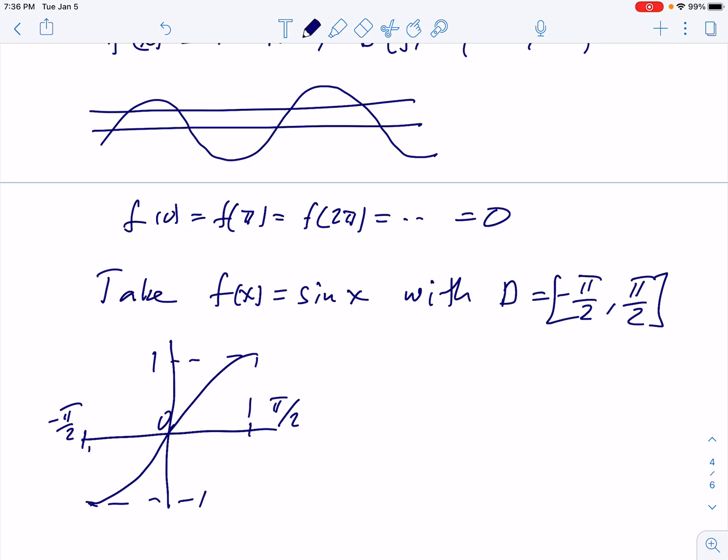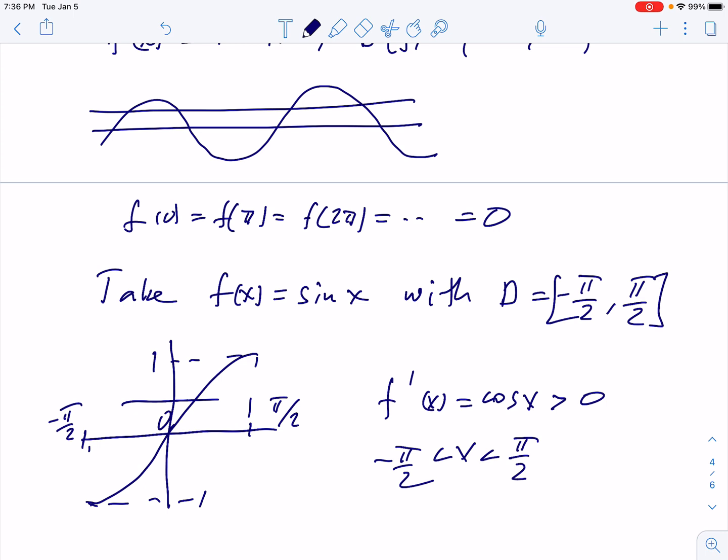So this function obviously passes the horizontal line test. If you cut with horizontal lines, you can cut the graph at most once. Also, the derivative of the function is cosine x, which is strictly positive when x is between negative pi over 2 and pi over 2.